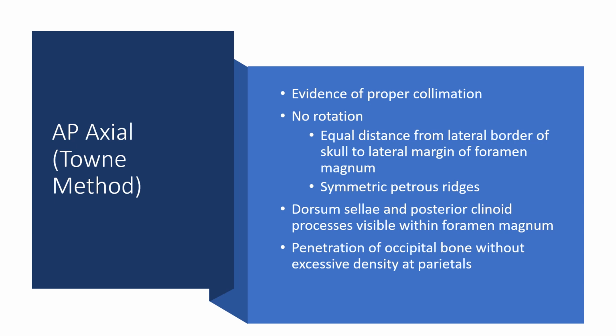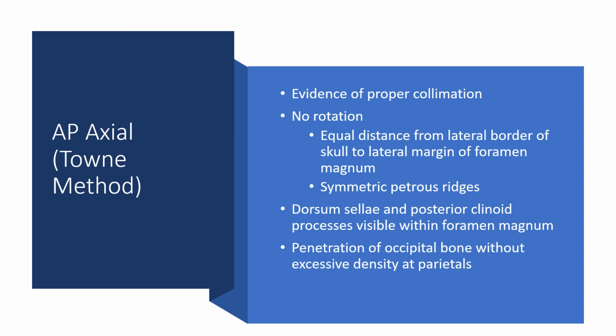Okay. Also, the petrous ridges should be symmetric. Now, the dorsum sella and the posterior glenoid processes should be superimposed over the foramen magnum. If they're not, then either your tube angle is wrong or your patient's head is not tipped properly front to back.